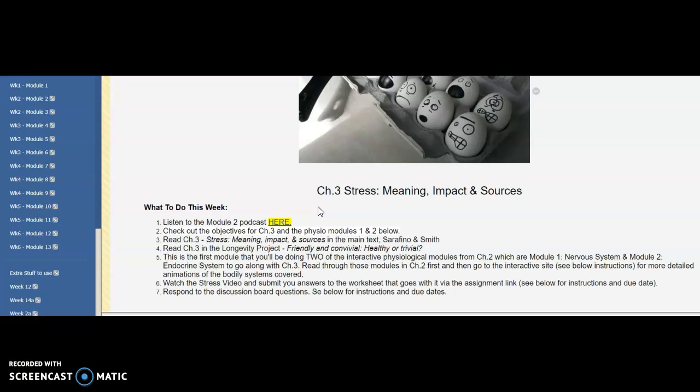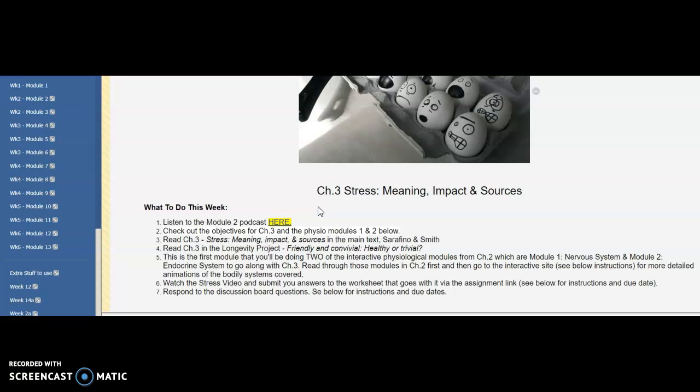If you take a look at chapter 2 in the Serafino and Smith text, you're going to see that it's comprised of all the various body systems, so the cardiovascular system, the immune system, the endocrine system, and so forth. And rather than covering the whole chapter all at once, we cover those body systems alongside other chapters in which those body systems are talked about most and used.